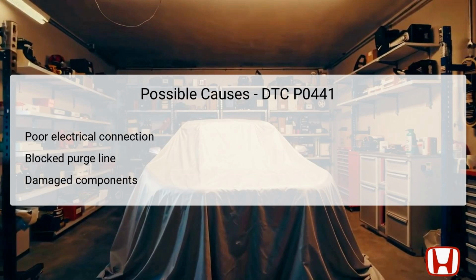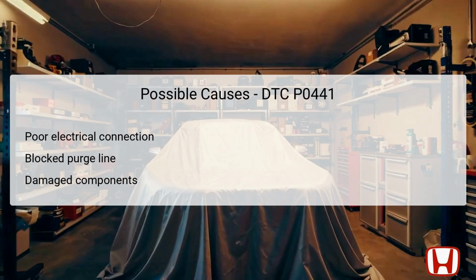Several possible causes for DTC P0441 include poor electrical connections, blockage in the purge line, or damaged components within the EVAP system. A poor electrical connection can cause the EVAP canister purge valve to fail, creating issues with vapor flow.